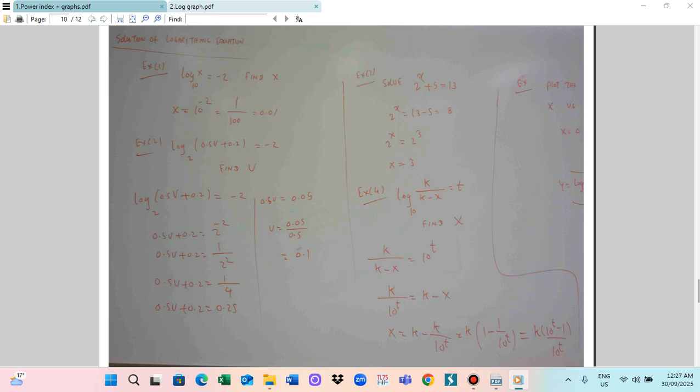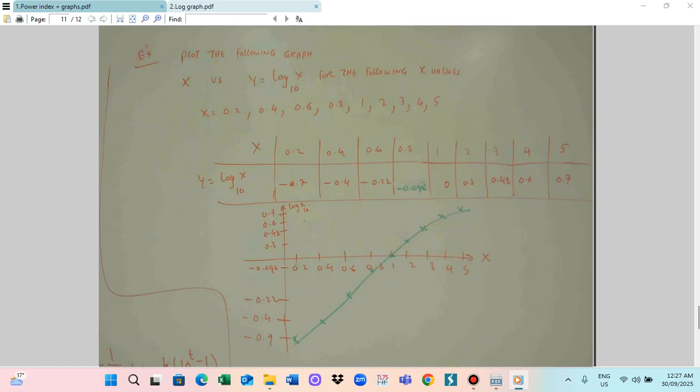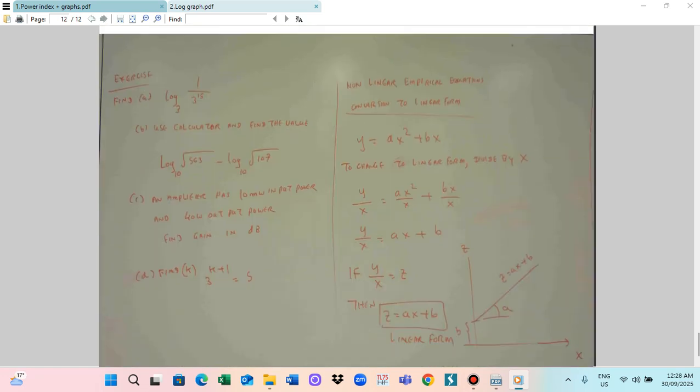That's also the second example. Write the logarithmic form. 5 squared is equal to 25, so you can write the logarithmic form: 2 is equal to log 25 base 5. So the logarithmic and exponential forms are changing.